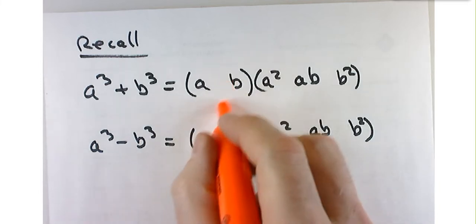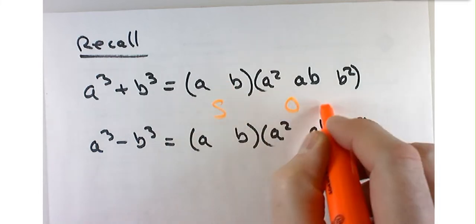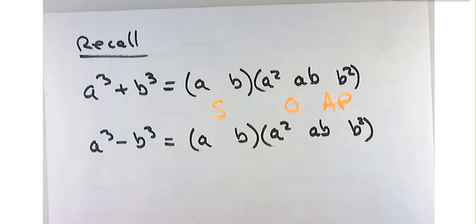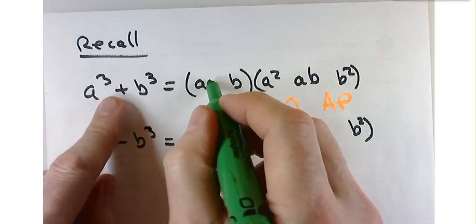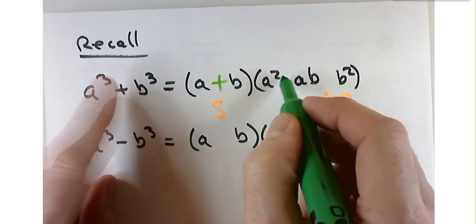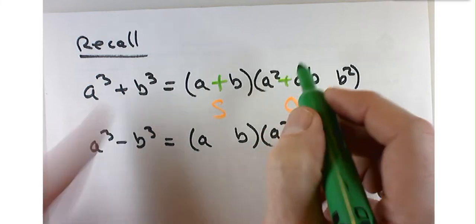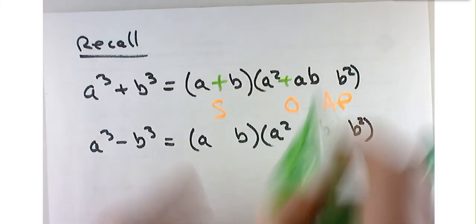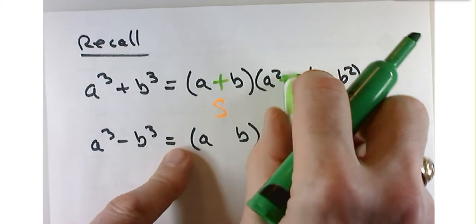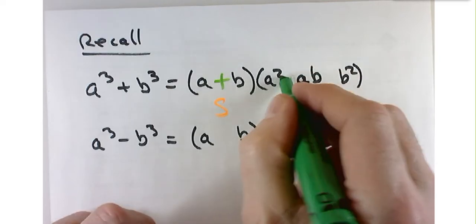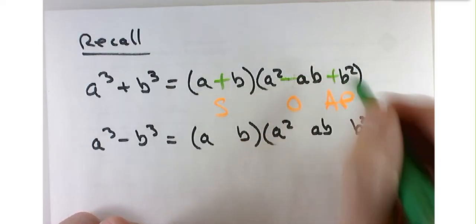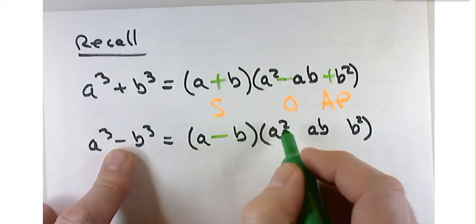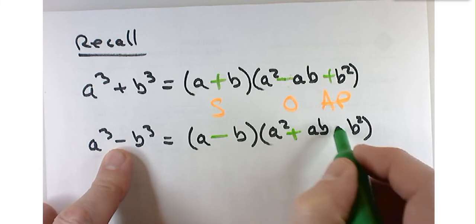Soap, soap, soap. Same sign, opposite sign, always positive. So these two signs are the same, plus and a plus. These are opposite, plus and a minus. Minus there. And the last one is always positive. Same sign, opposite sign, always positive.